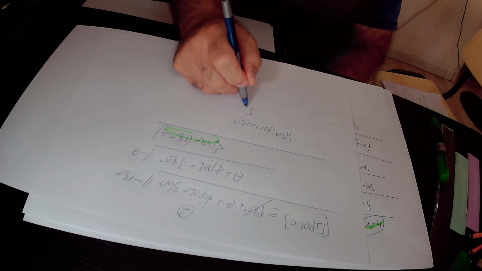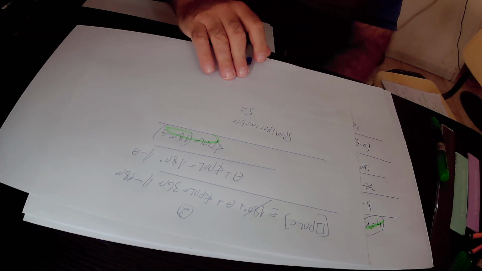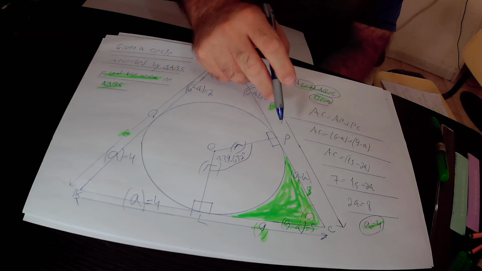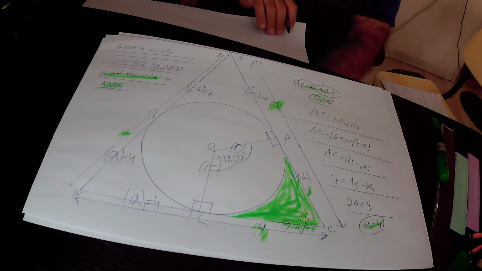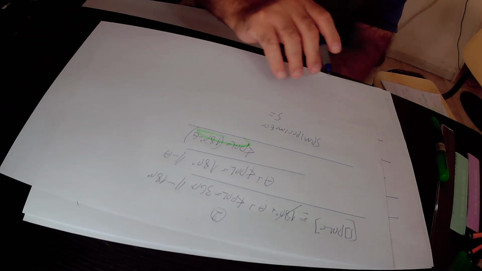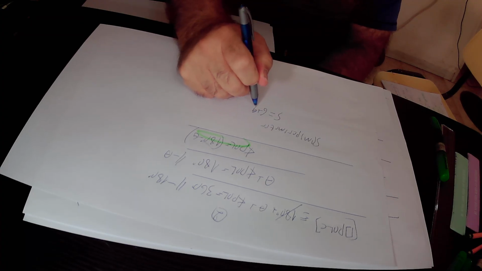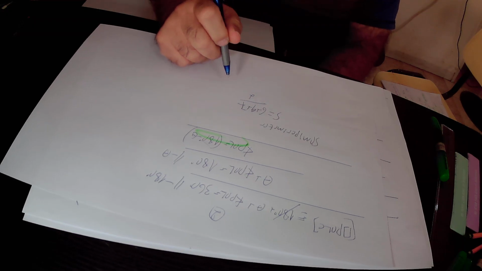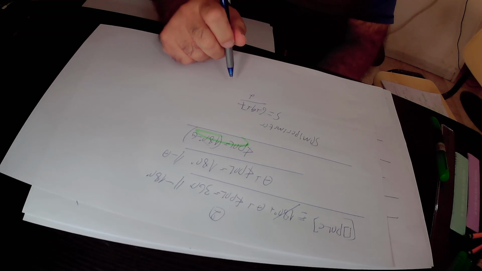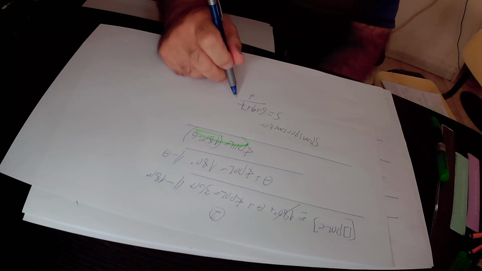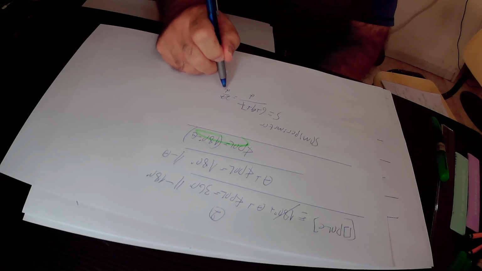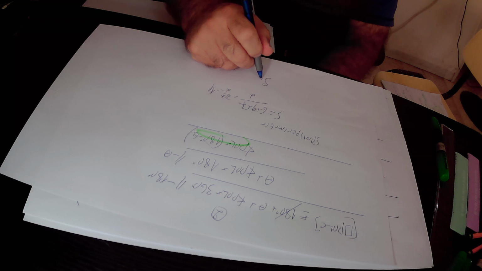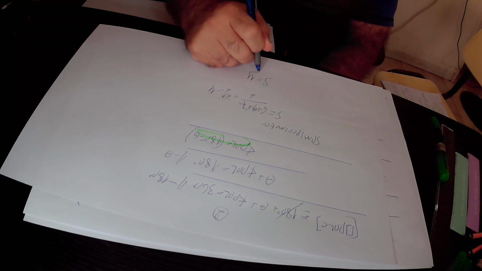So the semi-perimeter S equals the perimeter, that is 6 plus 9 plus 7, over 2. 6 plus 9 is 15, 15 plus 7 is 22, 22 over 2 is 11. So in total we found that the semi-perimeter S of ABC equals 11 units in length.